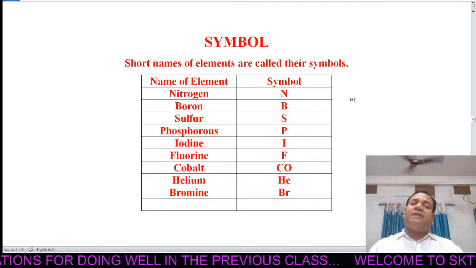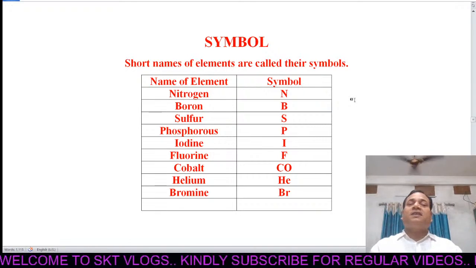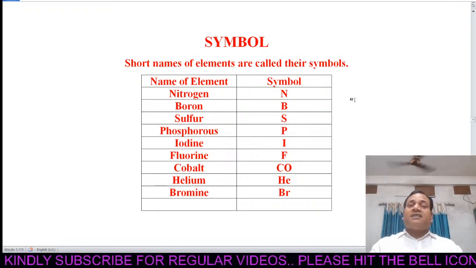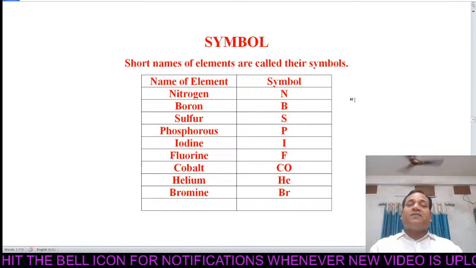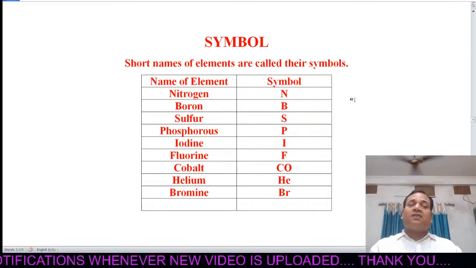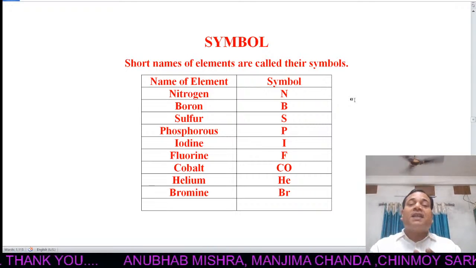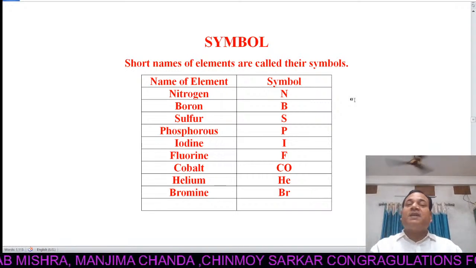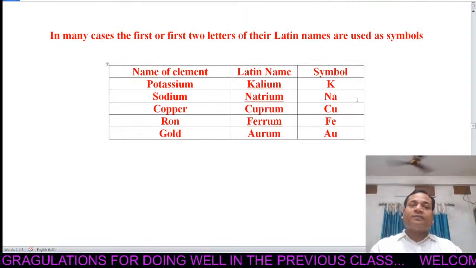So a good number of elements you have, and you will have to learn those. I selected these here for your information. These are some important elements whose symbols you will have to learn from the examination point of view.